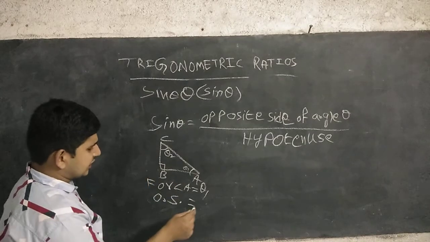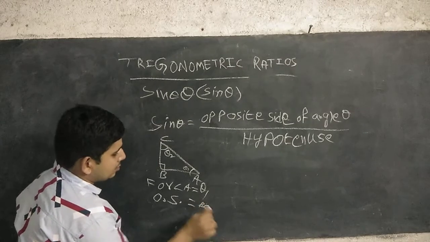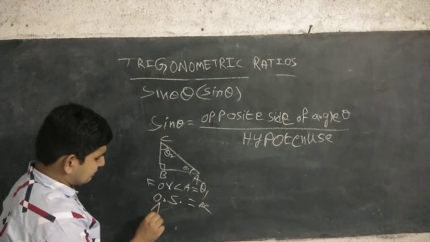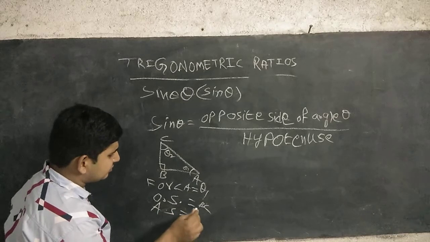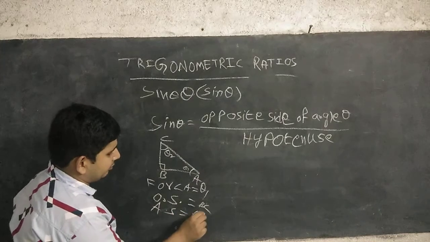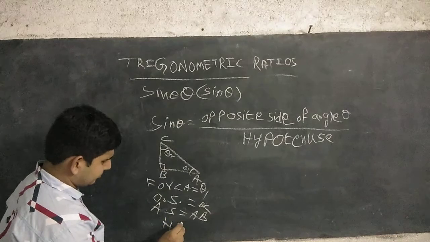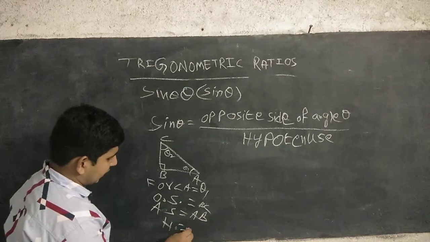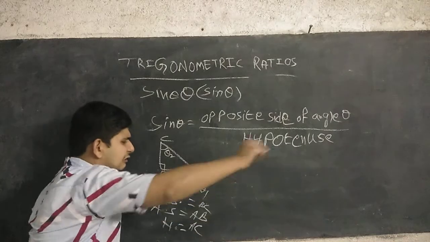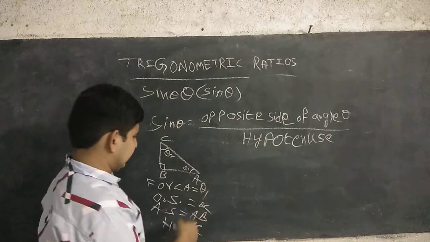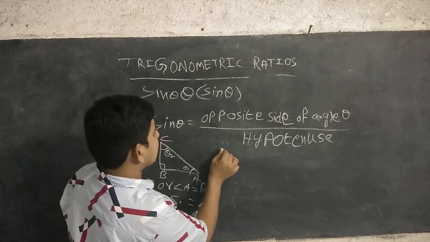The adjacent side equals AB, and the hypotenuse equals AC.